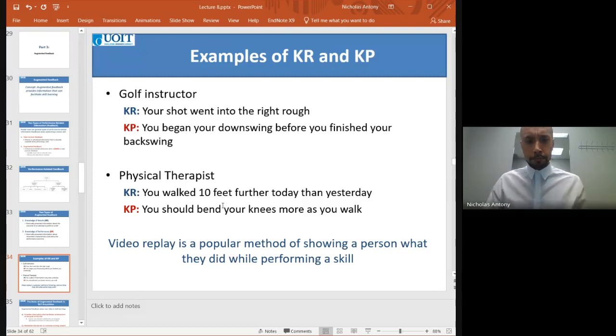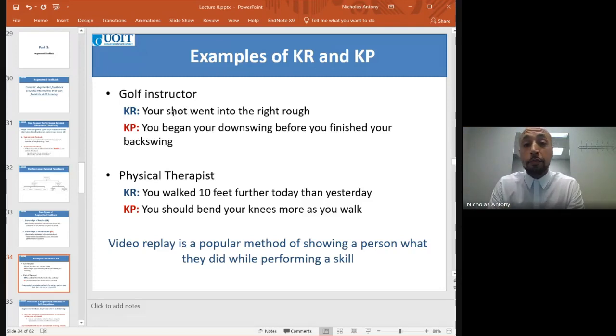So golf instructor, think of you're the instructor, you're teaching someone how to play golf, and they practice swing, they see the ball go, and then you're going to add more feedback to them than they naturally got to try to improve their learning. So if you're going to give them knowledge of results, or KR, you could say that your shot went to the right rough. So you shot and it went too far to the right, if you didn't notice.